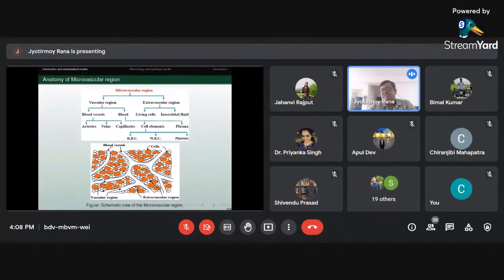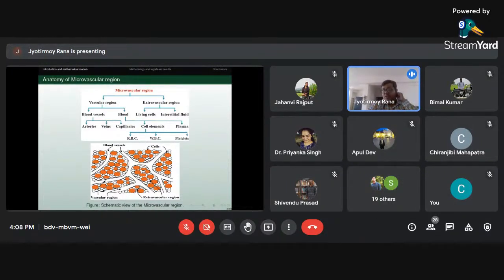And what will be seen in the extravascular region? In the extravascular region, we can see the living cells and the interstitial fluid. That means outside of the vascular region, outside of the blood vessel, we can see the extravascular region, and there we can see the tissue region.